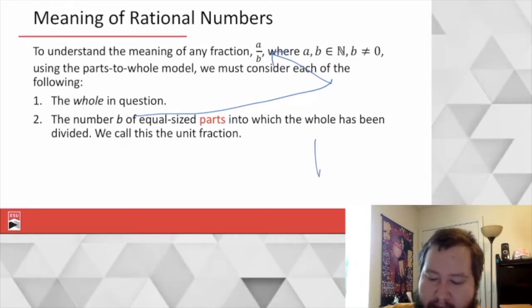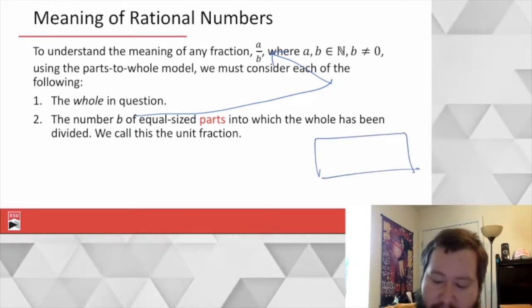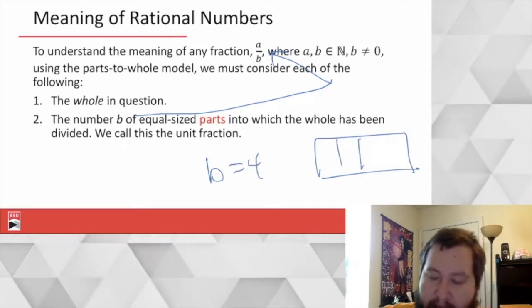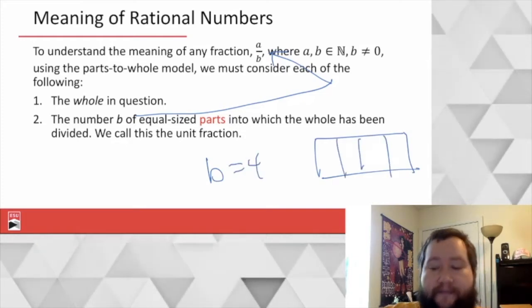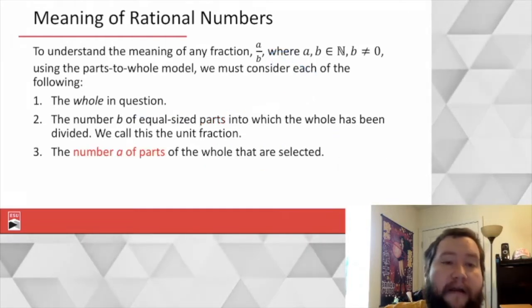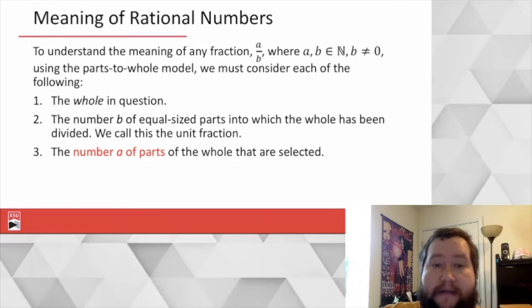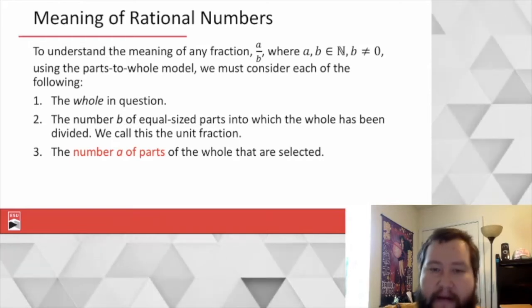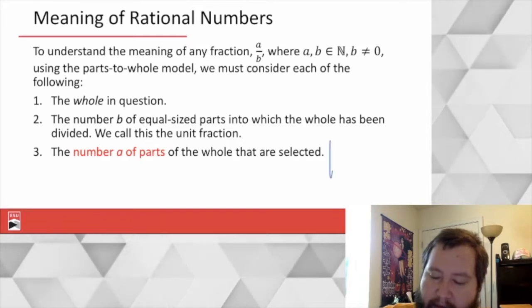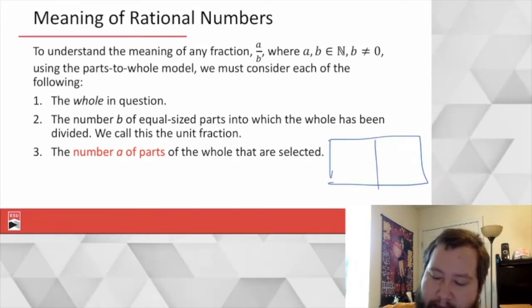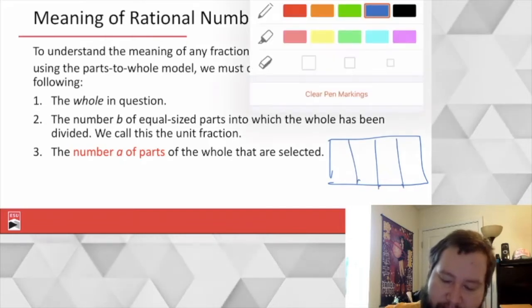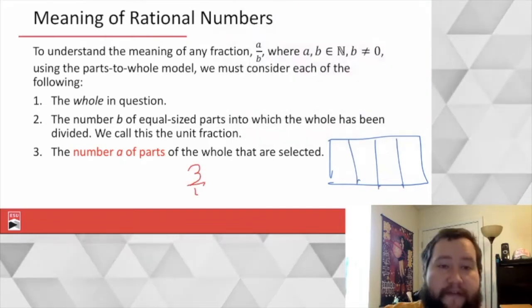If my whole hasn't changed, and my B is 4, that means I have 4 equal parts. The last thing we need is the number A, the parts of the whole that are counted or selected or occupied. So we have our whole, our B was 4, and suppose now our fraction is 3/4.